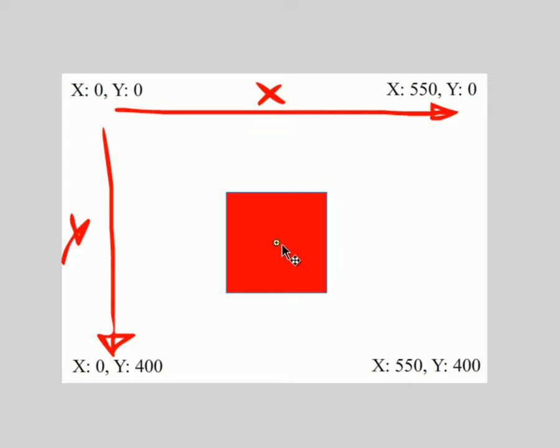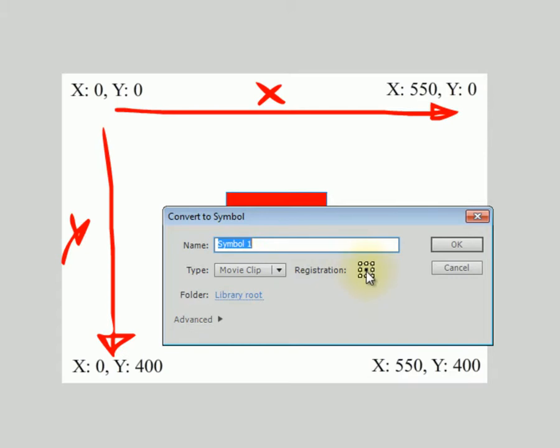So if you put your registration point in the top left and set X to 0, the top left would go here. Because X would be all the way to the left, this would go from here to here. So it's important that you have your movie clip's registration point set to the center. Make sure the registration is in the center when you create a movie clip.